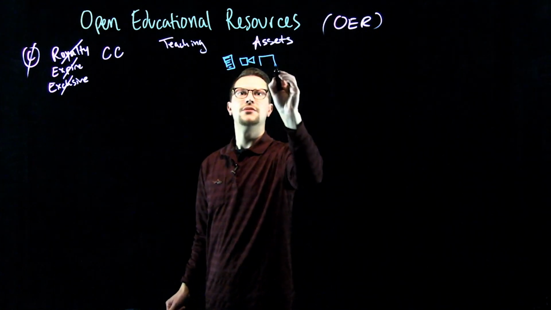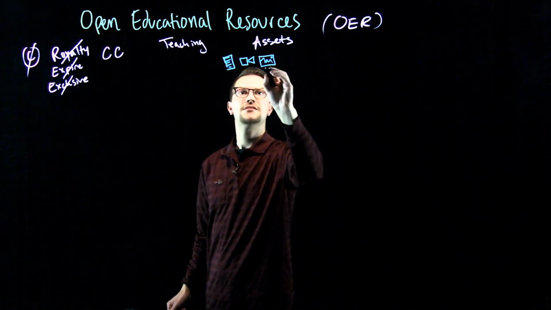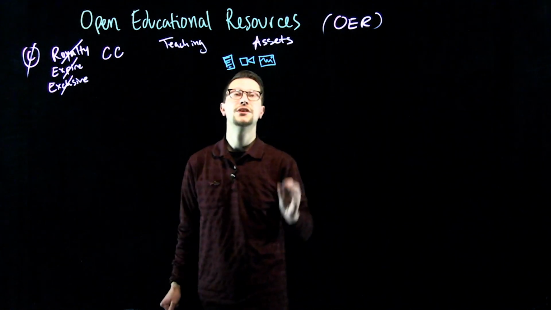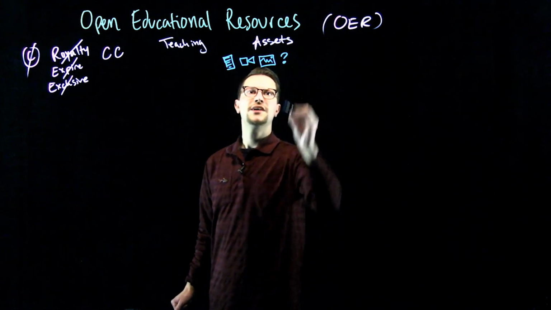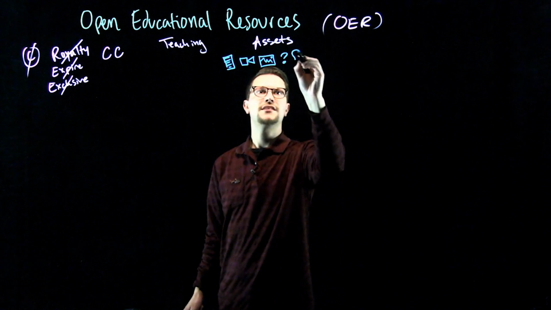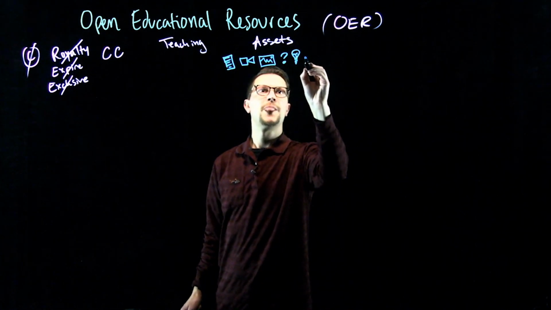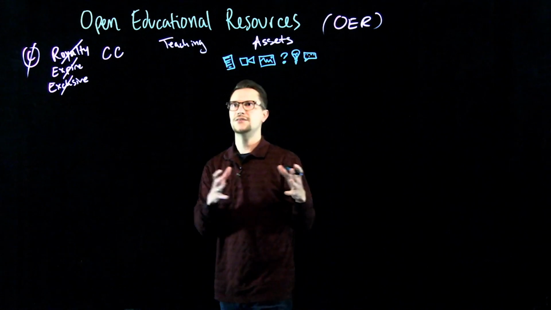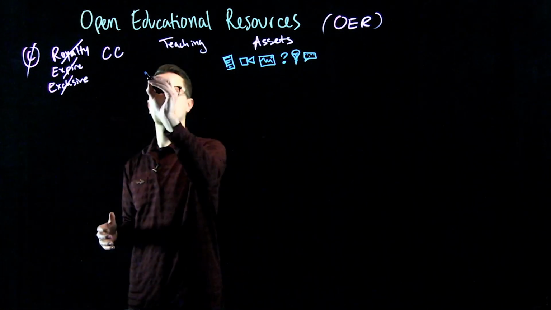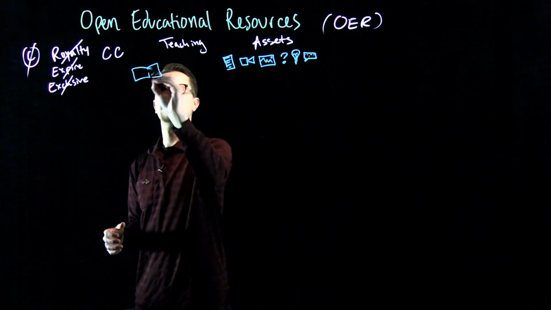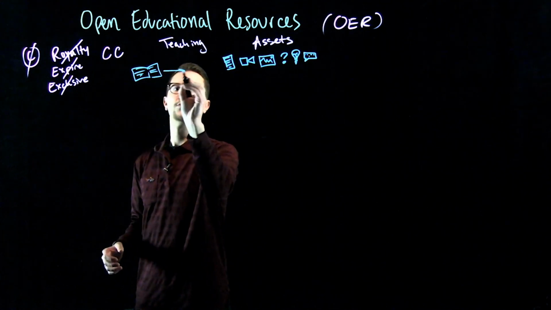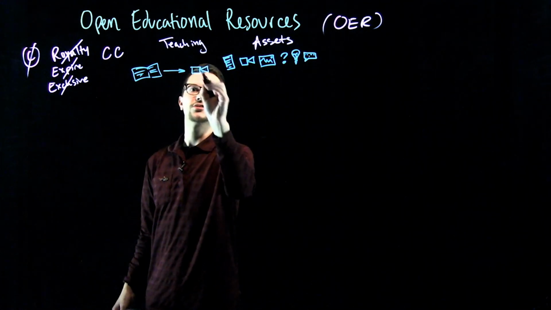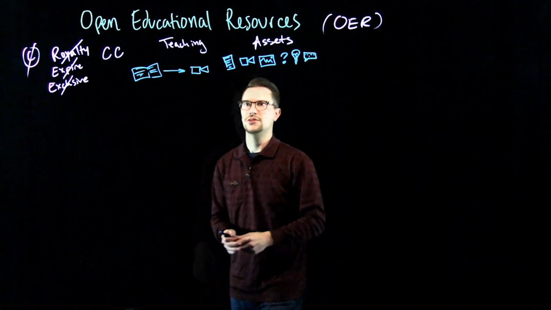Video or other media like images that are free to use. Question banks or full quizzes, activities for students, or sample discussion questions. The complexity of these for teaching range from full textbooks to short video lectures that you can incorporate into your instruction.